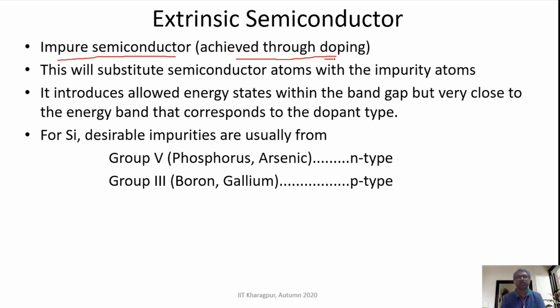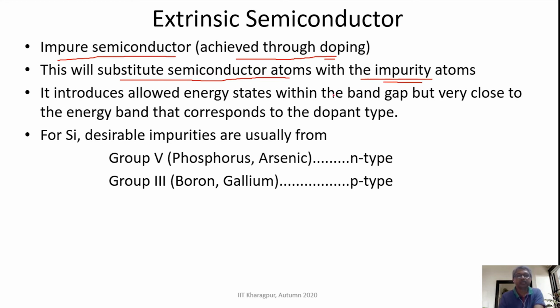Depending on which dopant you are incorporating, they might occupy actual crystal sites, or lattice sites, or they might occupy interstitials. Anyway, let's just stick to the substitution case. So this will substitute semiconducting atoms. For example, in silicon, these impurity atoms will occupy the lattice sites.